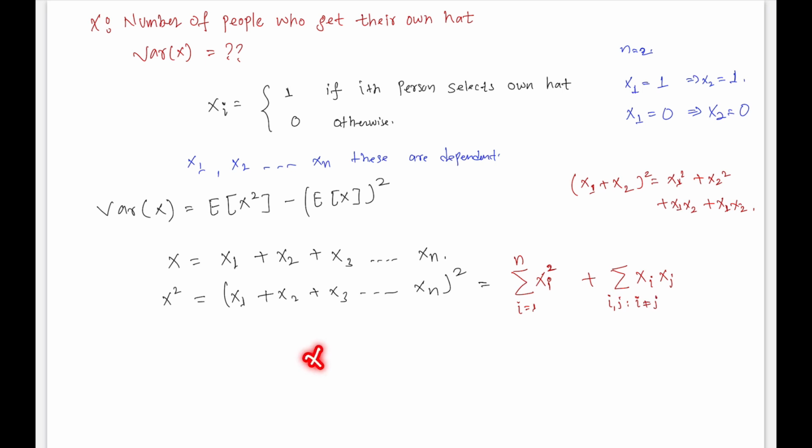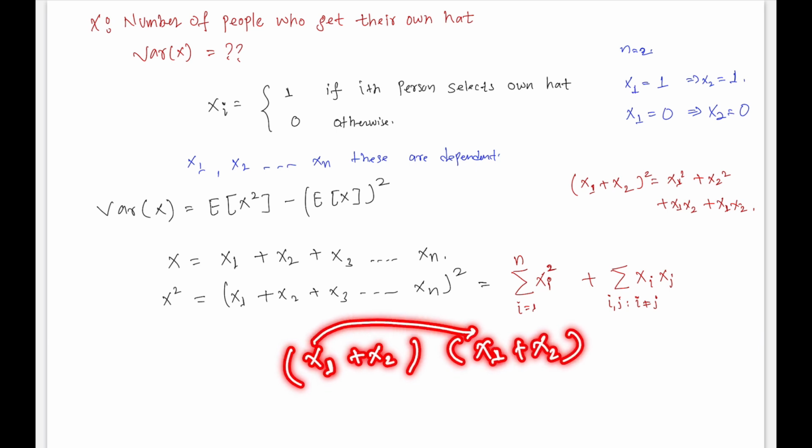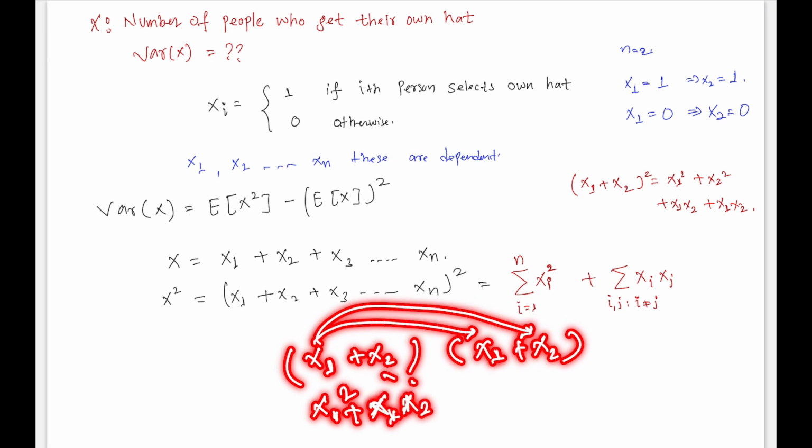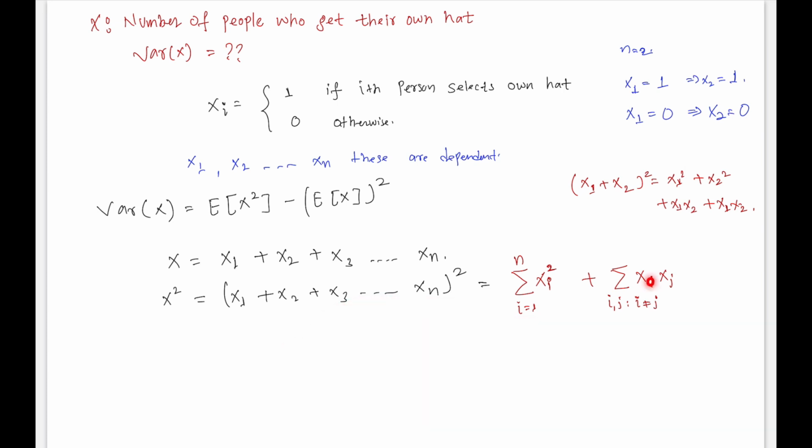So how do you do that? x1 plus x2 times x1 plus x2, right? So x1 times x1 will be x1 square, x1 times x2 is x1 x2, then x2 x1 and x2 square, right? So there will be no term where you have 1 1 or 2 2 in the cross part, there will be only cross terms, right? There will be no like 1 1. So you got the idea of how I am writing this in general.